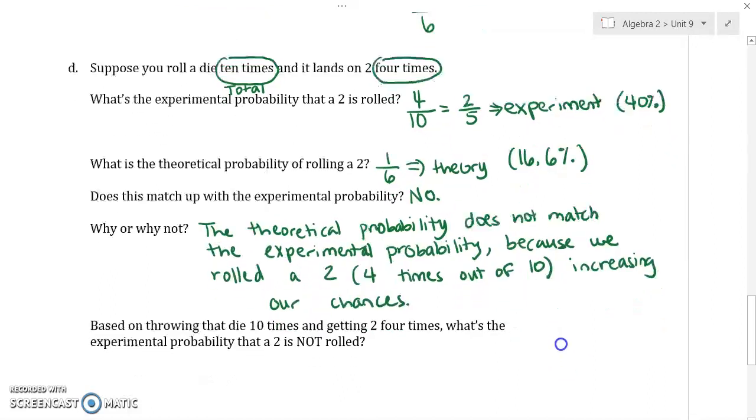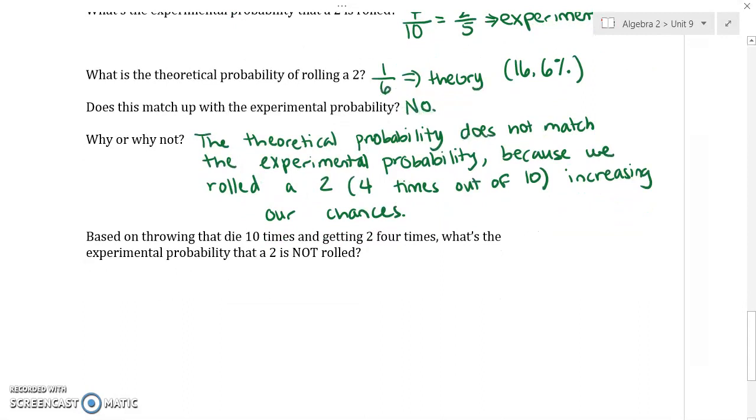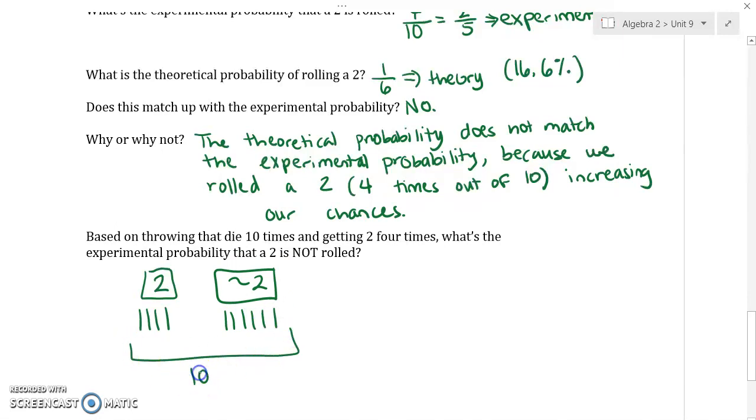Now, it says, based on throwing that die 10 times and getting 2 4 times, what's the experimental probability that 2 is not rolled? Well, if I got 2 4 times, 1, 2, 3, 4, that means I got not 2 the rest of the time. 1, 2, 3, 4, 5, 6. Because together these are supposed to be 10, right?